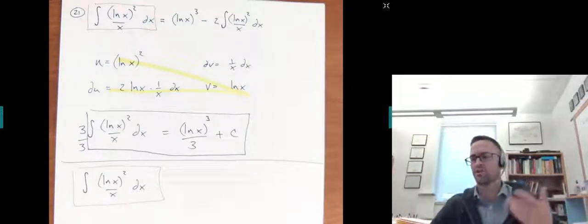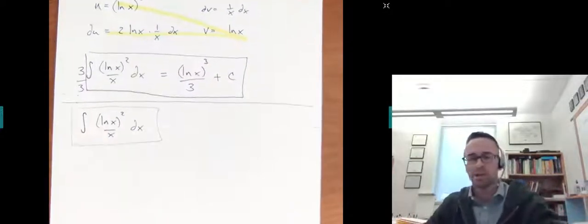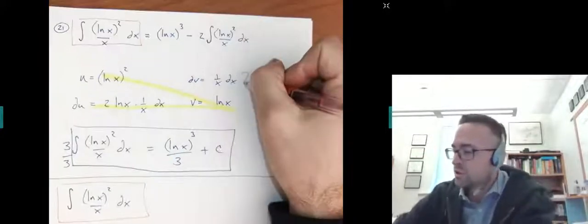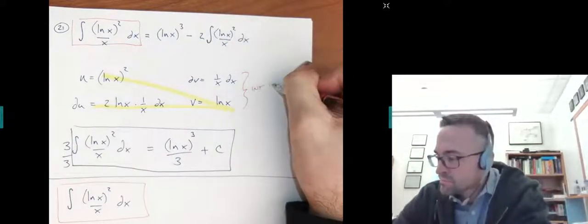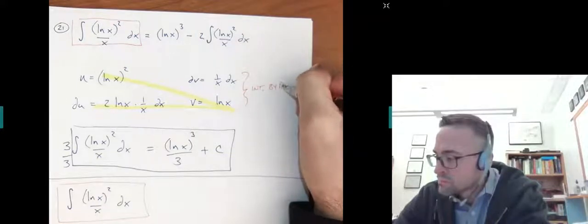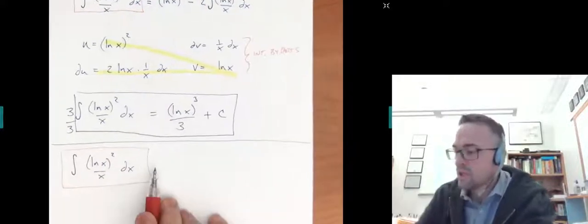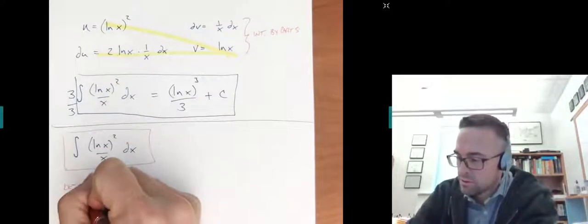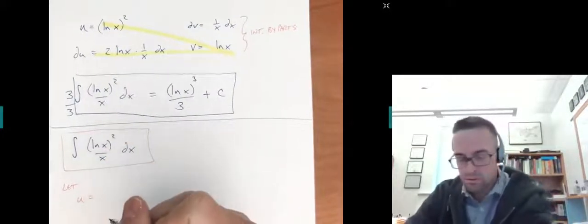But this time I'm going to do it with a little bit of U-substitution. I will look at this one. Here we used integration by parts. Here we're going to use, let u equal, what should we let?